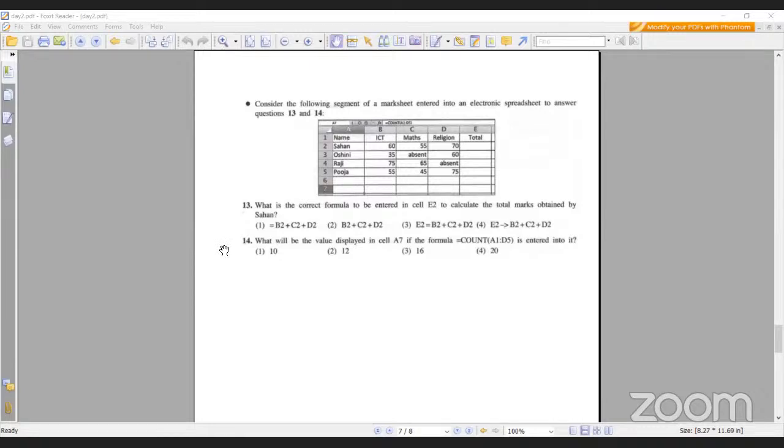What is the correct formula to be entered in cell E to calculate the total marks obtained by Sahan?